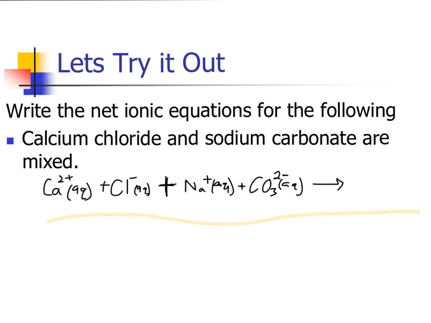And since we can see that, and we have these ions there, we can see that calcium and carbonate both have 2's, they would cancel out. And so we would have calcium carbonate, and it would be a solid, plus sodium, which is now aqueous.